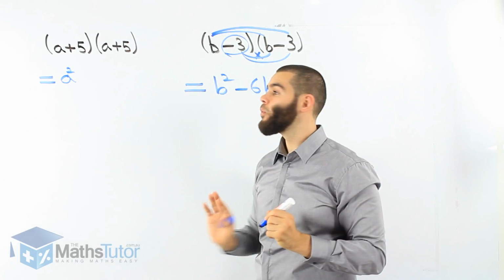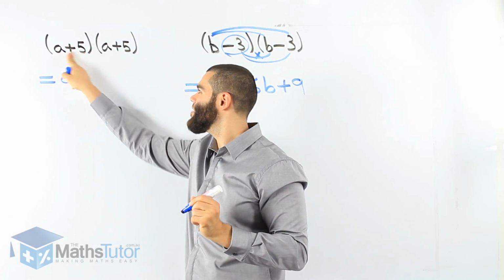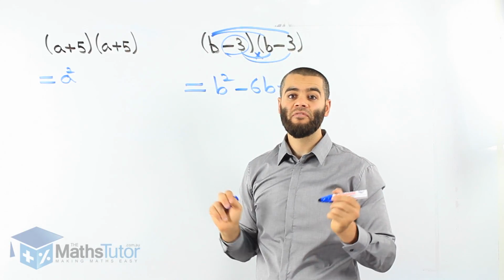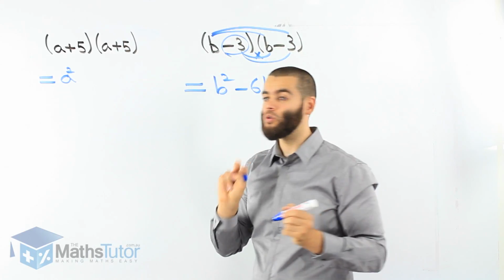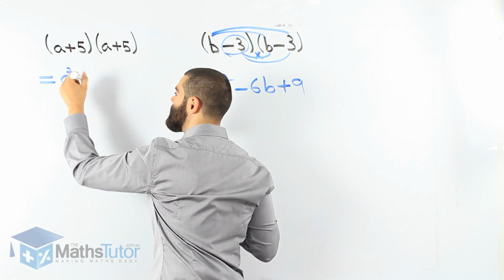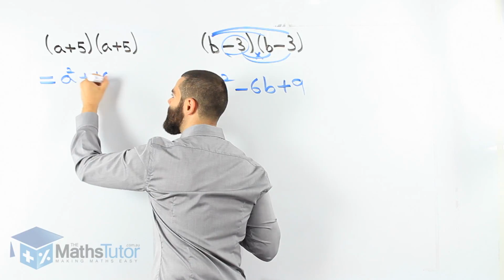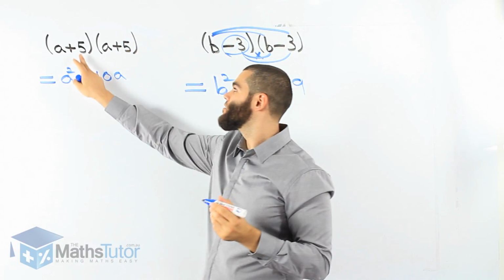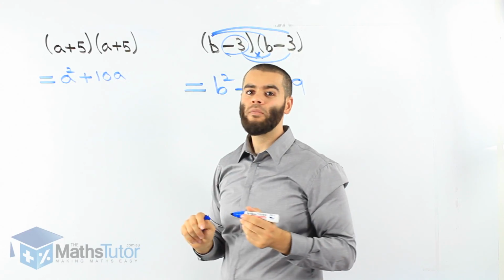Then step 2, we multiply the two terms together. a times 5 or 5 times a is 5a. Then we times by 2. Very important, times 2. 5a times 2 is 10a. And last step, we square the second term.